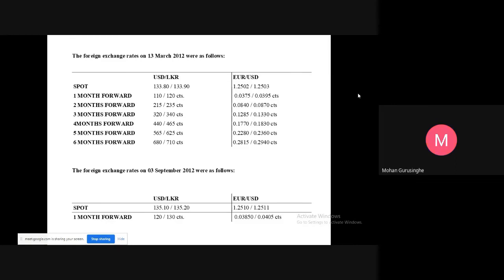But in the 5th month, it was discounted. First month, Euro US dollars, it is premium.